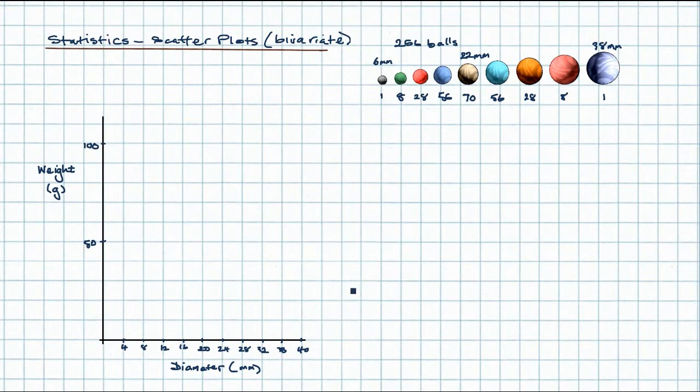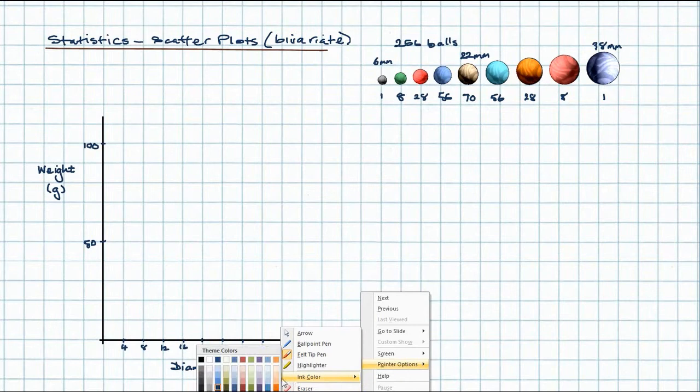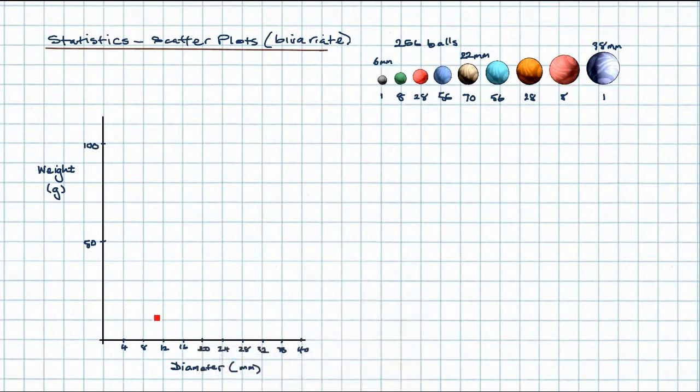Right, now let's first of all define what the sort of average is going to be. So this 6 millimeter ball here, let's just start by plotting this on our graph. Let's say that a 6 millimeter ball, so your average ball between 4 and 8 millimeters, weighs 20 grams.